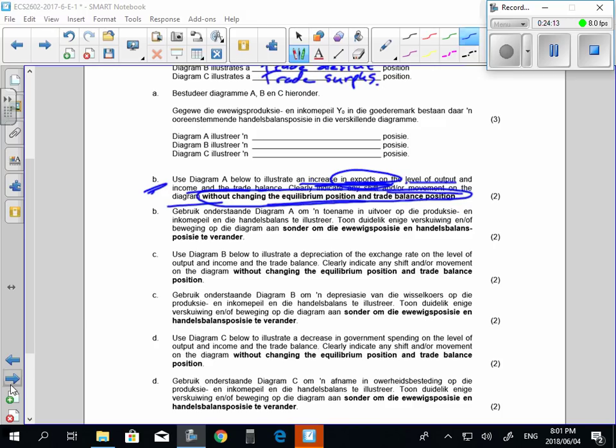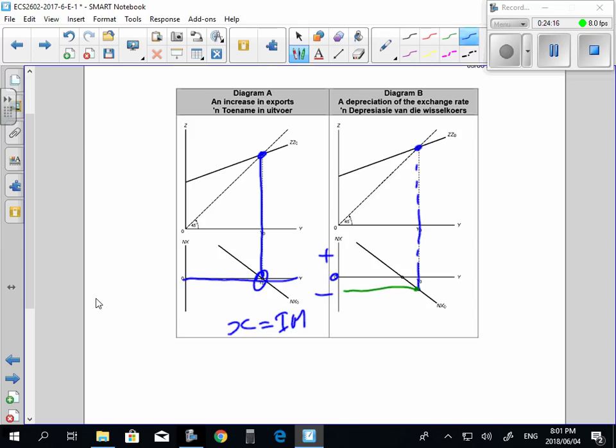So if you had to draw an increase in exports on your goods market model, shift the demand for goods curve upwards by the change in exports. We obviously have to produce these additional exports, so that will cause us to increase our output and income from Y0 to Y1. Okay? You extend the dotted line down to your net exports curve. Okay?